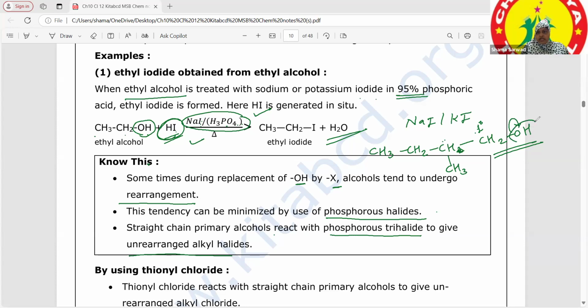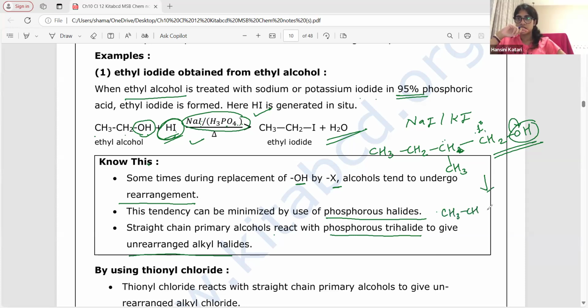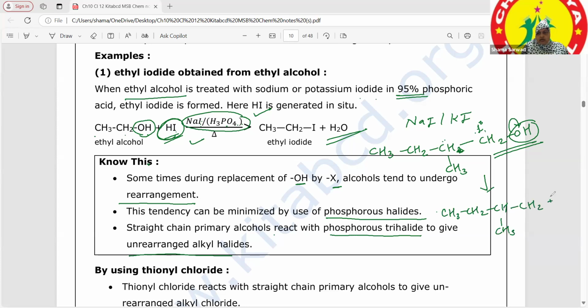Before that, this OH leaves and it will generate the carbocation. You will get CH3, CH2, CH, CH3, and here CH2 with positive charge, by the loss of OH. One bond is gone with electron, so this carbon would have loss of valency, so there would be a positive charge. Now, this carbocation is unstable because it is primary, so this CH3 group will shift from here to this positive charge.